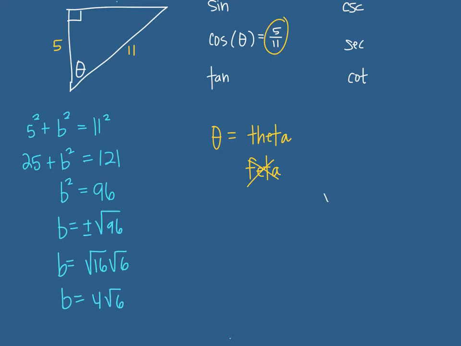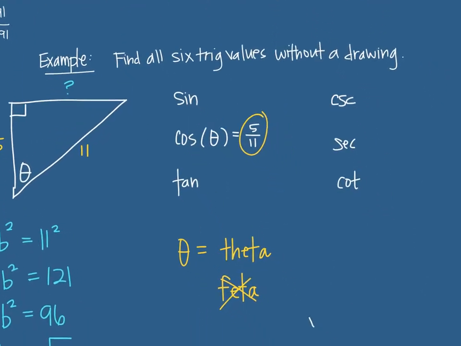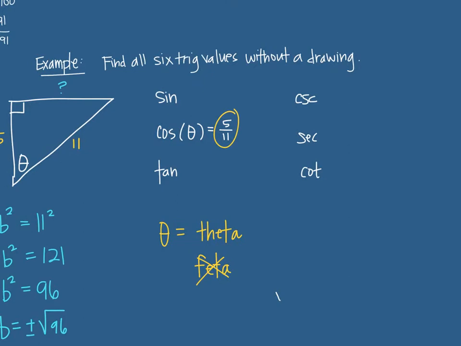So now I know that my last side of the triangle is going to be 4 rad 6, which means I can fill in everything else. Once I know that that's 4 rad 6, then I can finish the rest of the trig.